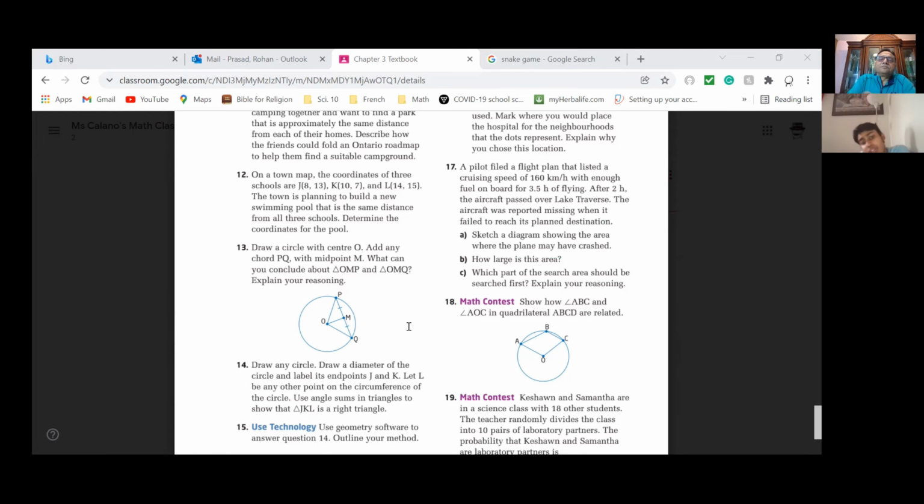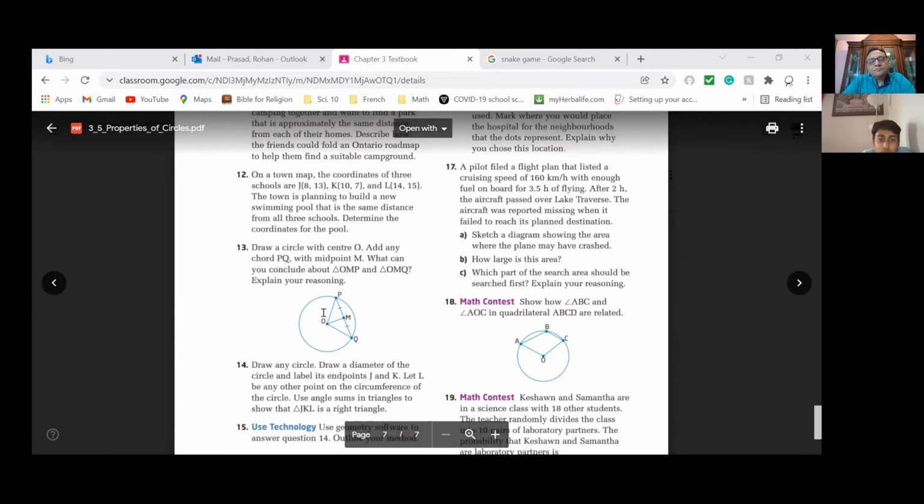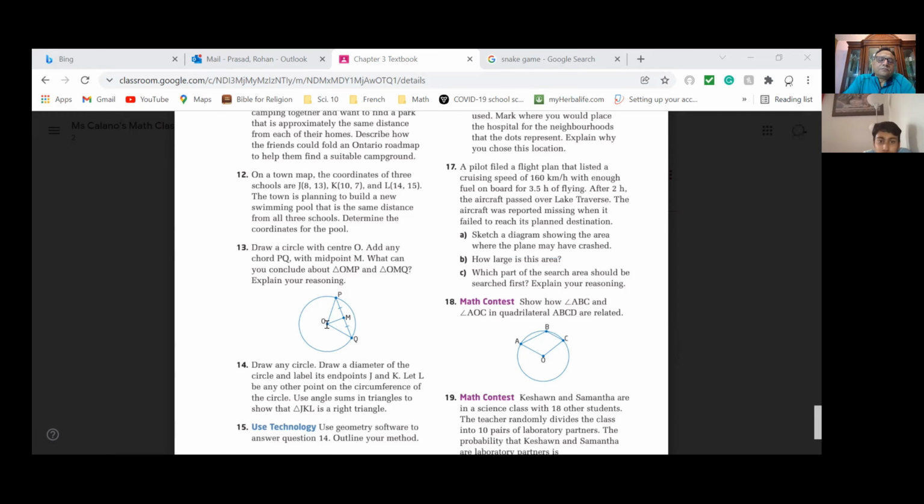So we first had a circle with our center point of origin as O. Then we had a chord of 2 points. And then with our reasoning, right, sir? So what can you conclude about triangle OMP and OMQ?